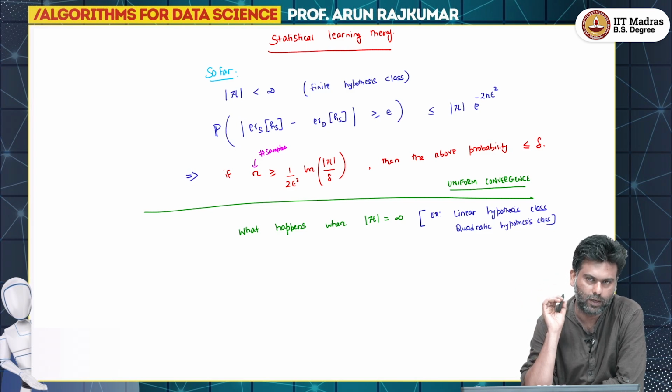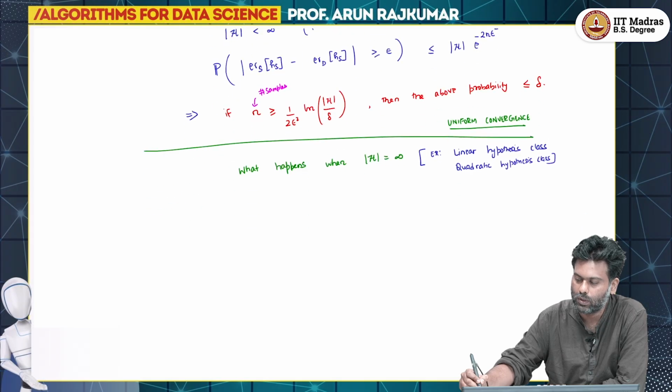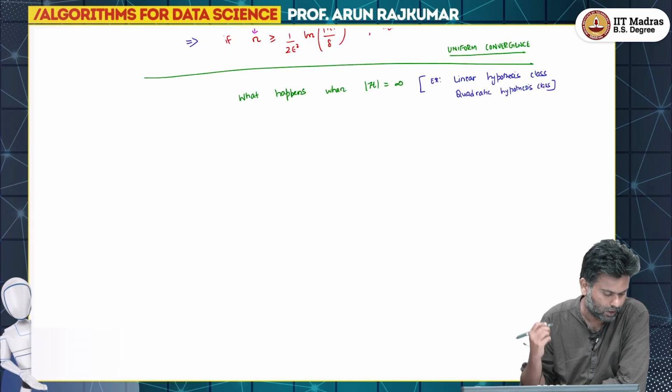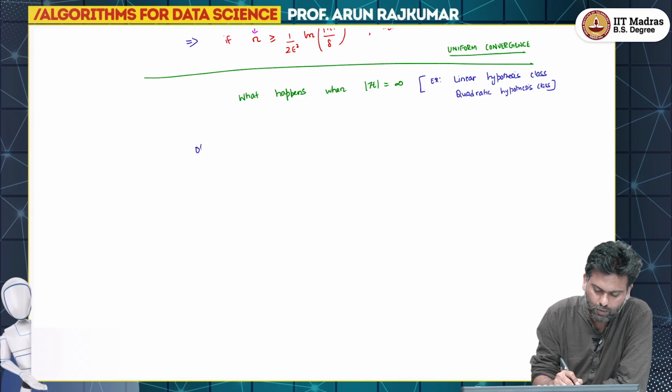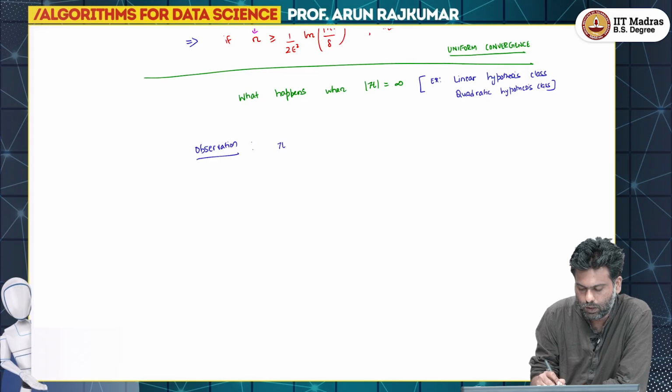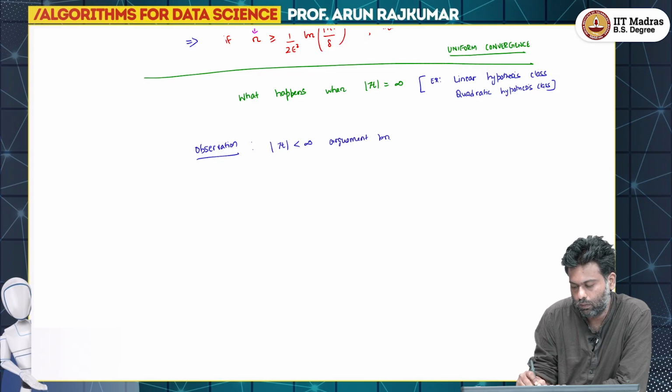Of course, there are infinite such possibilities there, because even for linear we have infinite such possibilities. So the first observation is that our H less than infinity argument breaks down, right.